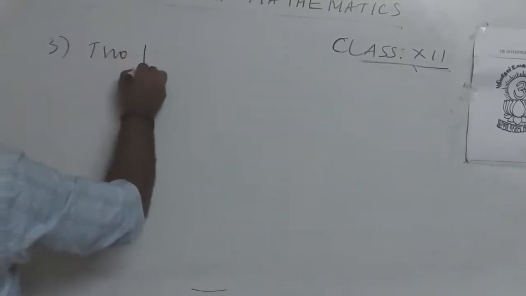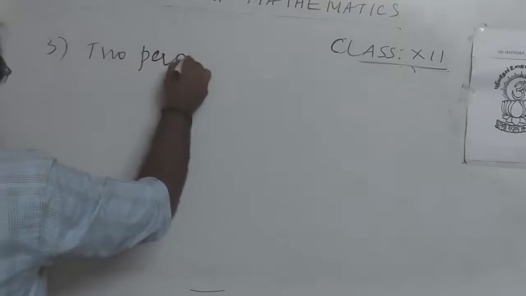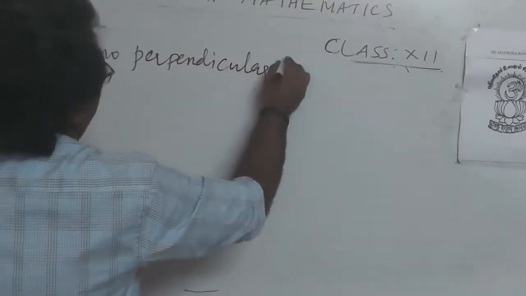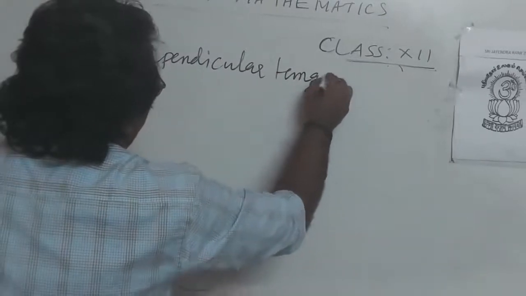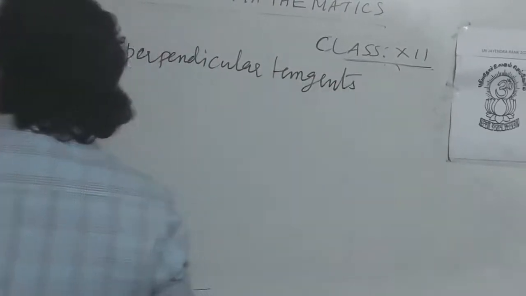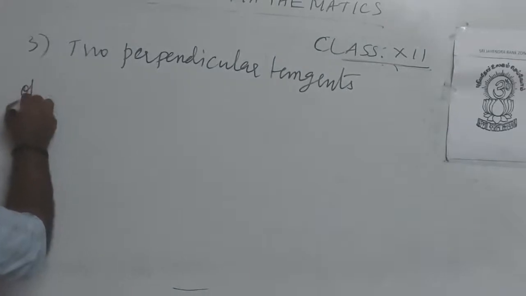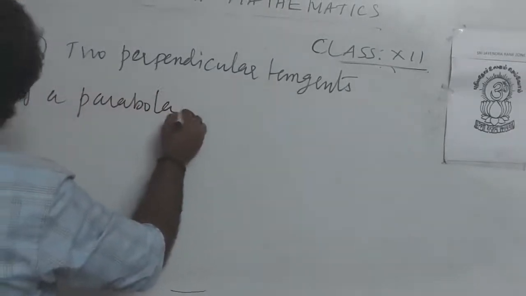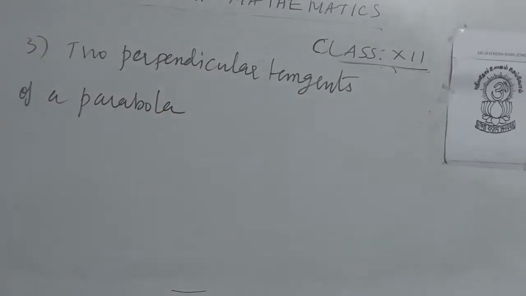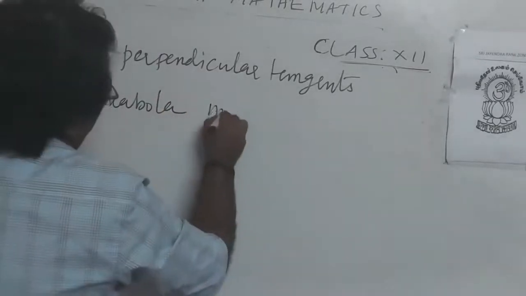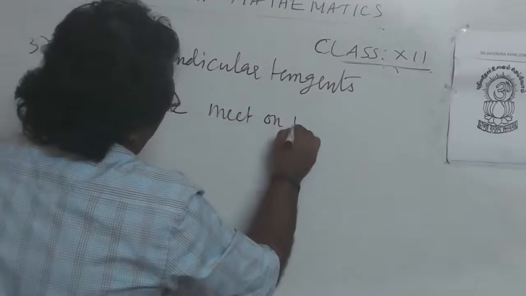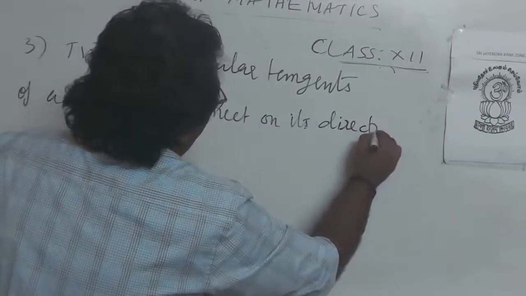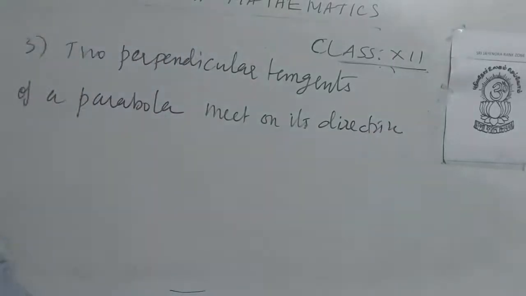Two perpendicular tangents of a parabola meet on its directrix.